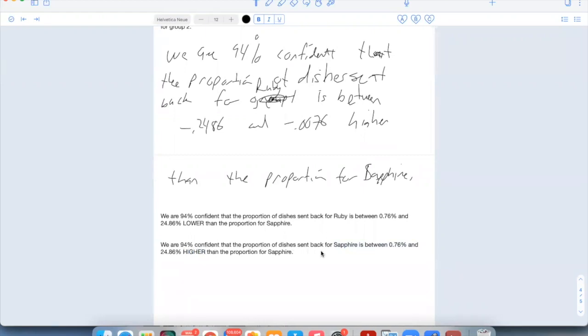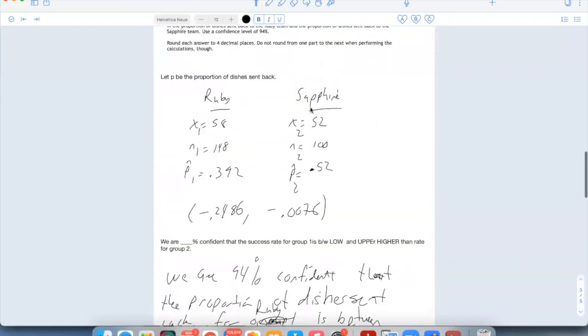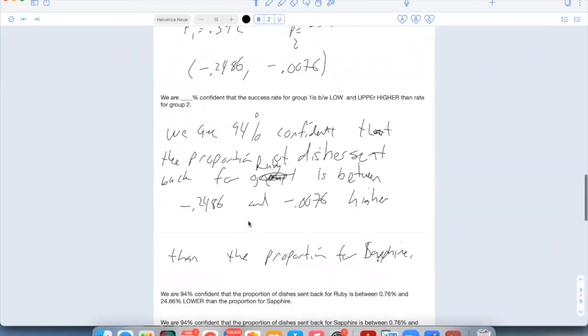Sapphire is winning this competition in terms of who's getting the most dishes sent back. Sapphire has higher percentages. Okay, so that's getting two negatives. Two negatives means you probably should have called this group group one, and then you would have ended up with two positive numbers, and writing the sentence is a lot easier.